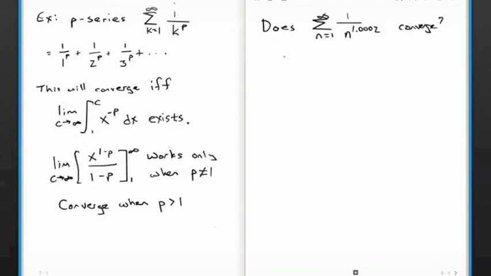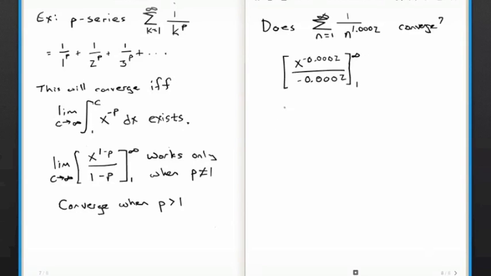Well, we know it converges if the integral converges, which we know the integral becomes x to the 1 minus p over 1 minus p. I'm just taking this from down here rather than going through the integral. 1 minus 1.0002 will become negative 0.0002, over negative 0.0002 as I go from 1 to infinity.